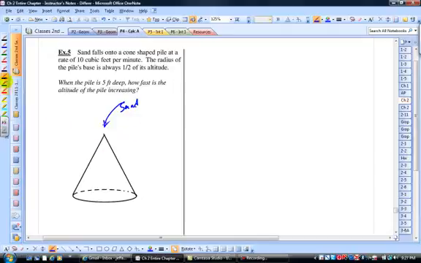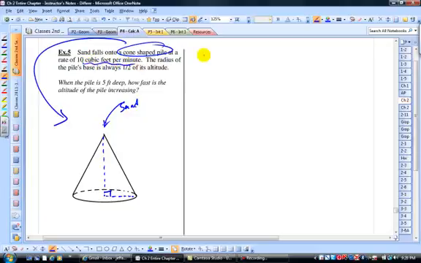So what's changing in this? How high is it? What's the radius, and so on. Let's read the problem again. Sand falls into a cone-shaped pile at a rate of 10 cubic feet per minute. Cubic feet can be described as a volume per minute.